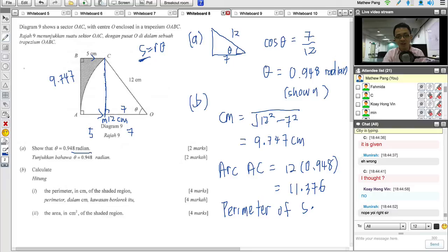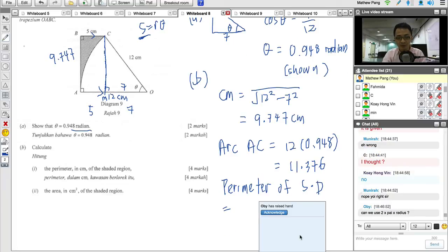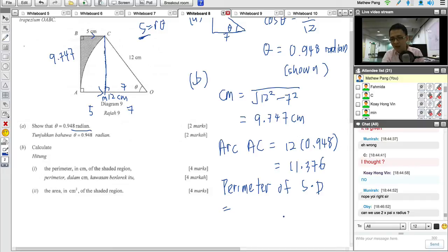So the perimeter, I just sum up everything. Perimeter of shaded region will equal to... I think OB got some question also. Can we use 2 times pi times r? Can't. Not to say can't, but over here you got radian, right?